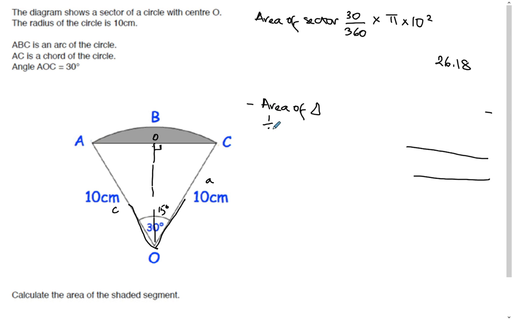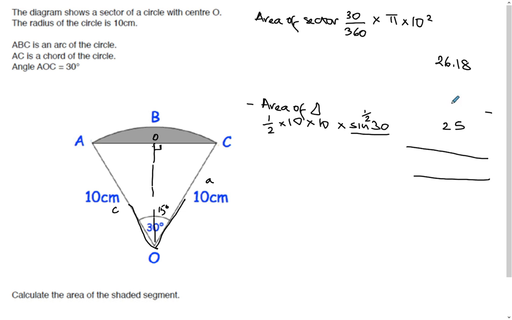So it'll be half times 10 times 10 times sine 30. I have uploaded a few videos on finding the exact values of the angles 30, 45, 60. If you've seen it already, then you know that's a half. So I'm just trying to do it a non-calculator way. Half of 100 is 50, and half of 50 is 25. Otherwise, go on your calculator.